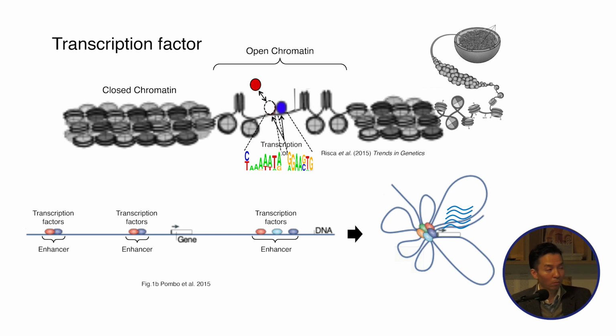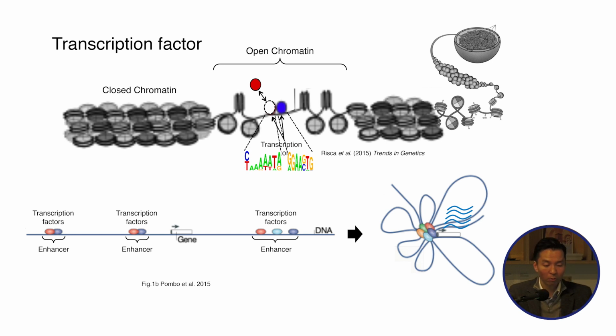But in some regions, DNA is loosely wrapped around histone, or even naked. This region is called an open chromatin region or chromatin accessibility region, where naked DNA is bound by a very important class of proteins called transcription factors, with some preferable sequence motifs.